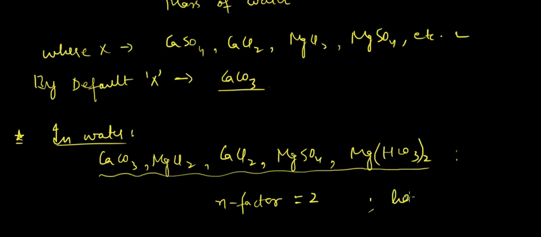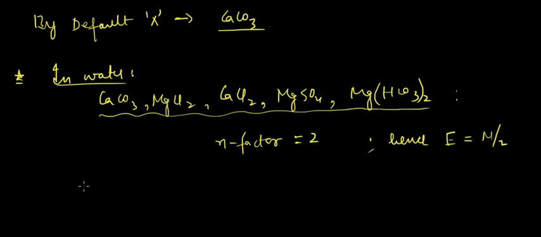Hence their equivalent weight would be M by 2. For example, the equivalent weight of CaCO3 would be 100, the molar mass of CaCO3, divided by 2, which is the N factor, so 50.